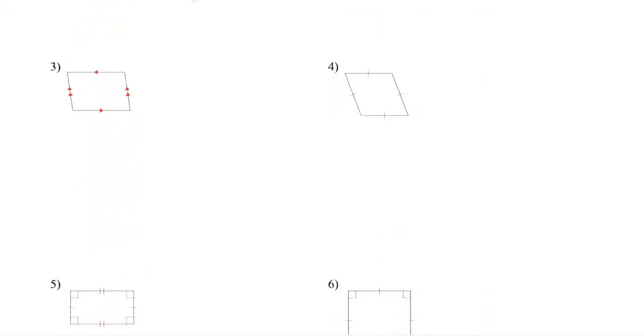All right, here we have opposite sides being parallel. So this is going to be a parallelogram. And that's the basic definition. That's all we can say about that because we don't know anything about the angles or the sides being congruent. We just know that opposite sides are parallel, making this a parallelogram.